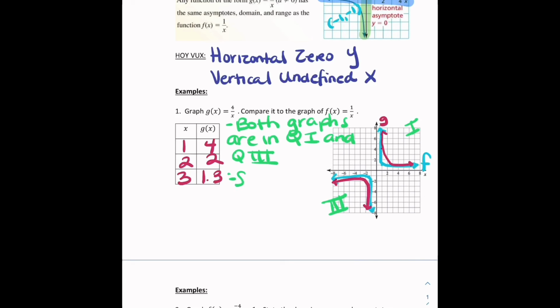So it has the same D for domain, R for range, and A for asymptote. My domain is going to be the set of all real numbers x, such that x cannot equal 0. My range will be the set of all real numbers y, such that y cannot equal 0.